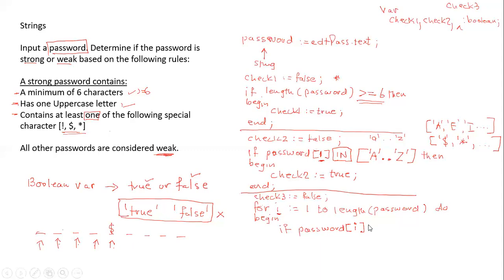So if password[I], I'm going to use the same concept of a set: is in the set. And here I'm going to define my set. I want an exclamation mark. I want $. And I want a star.